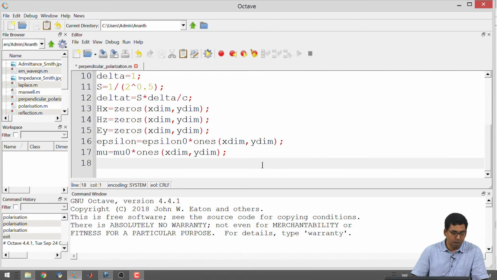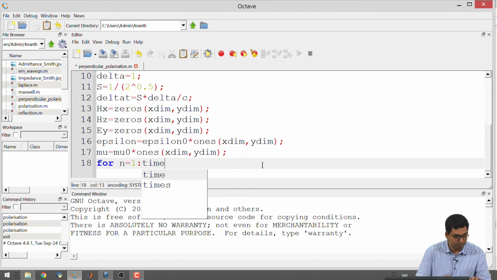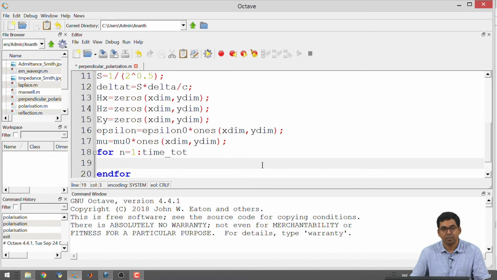Okay. Now, all we are left to do is start to write the loop. So, I am going to have a main loop. Is there an issue? Okay. This part becomes, is there an issue?